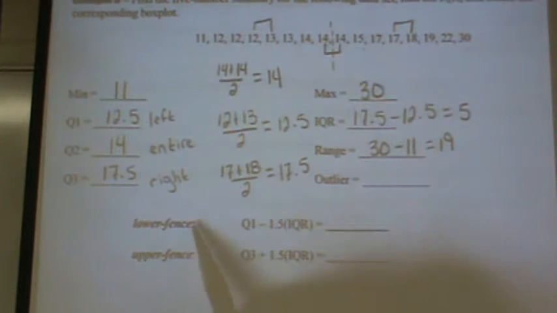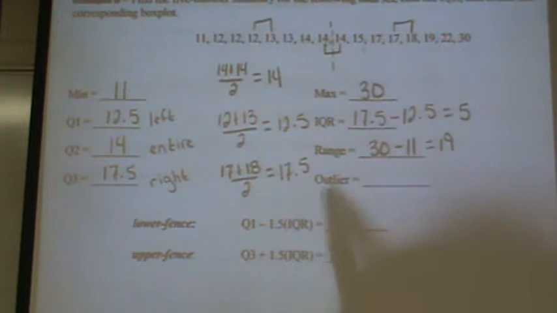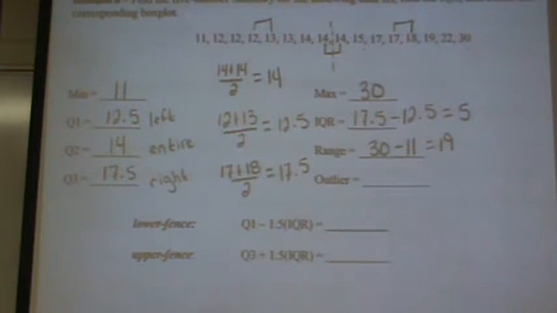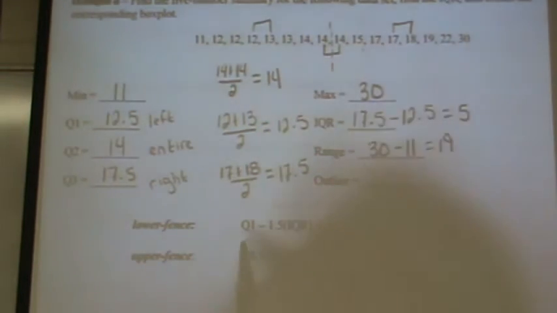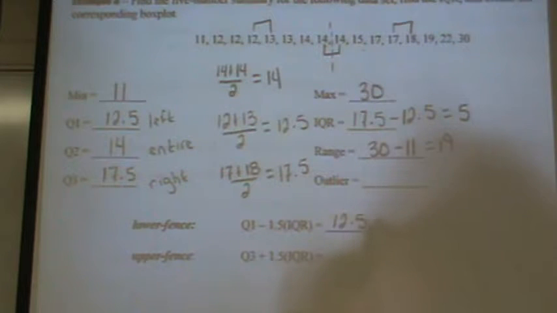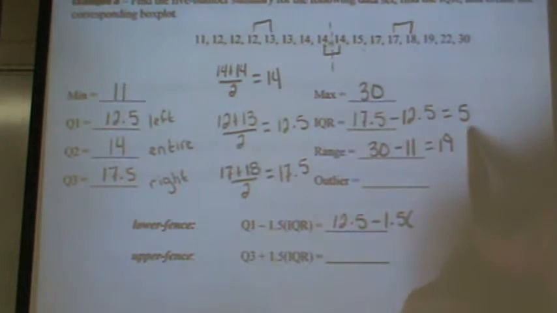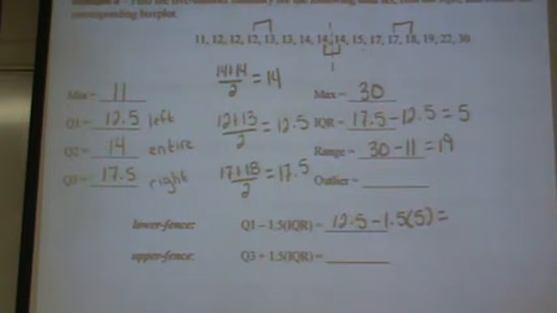Outliers, we'll have to find our lower and upper fences before we can determine if we have any outliers. So we're going to find our lower fence first. So that's taking our Q1 value, which is 12.5, and we're subtracting 1.5 times our IQR value, which we found is 5. And when we punch that in, we get 5.